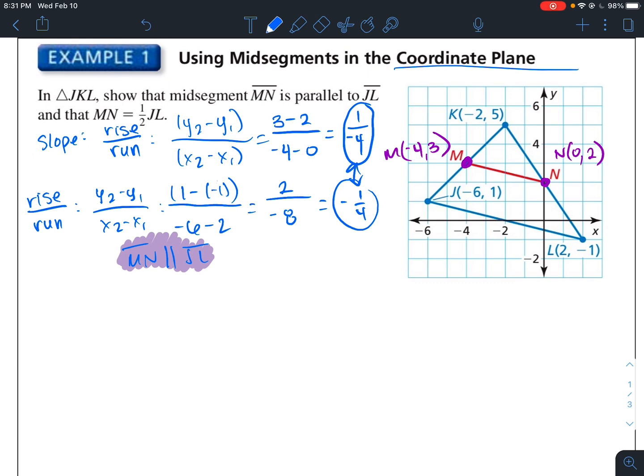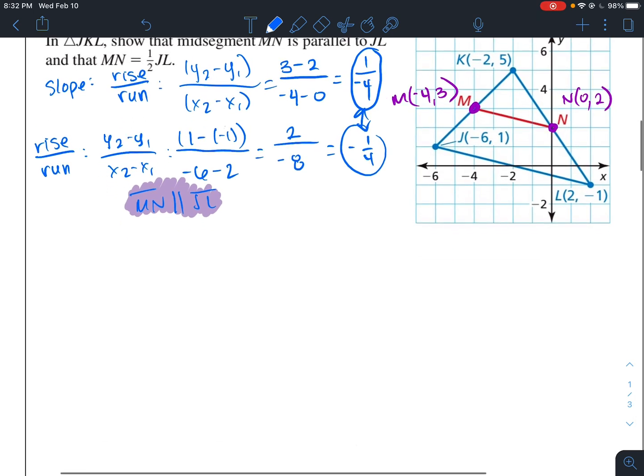Okay, so now the second thing is to show that this line right here is half of that line. So we need to know the distance. So here is what you can use for the distance. The distance between 2 points on a coordinate plane, d, is equal to the square root of x2 minus x1 squared plus y2 minus y1 squared.